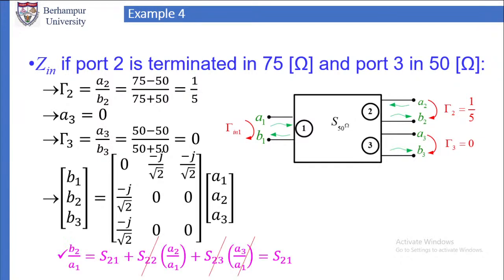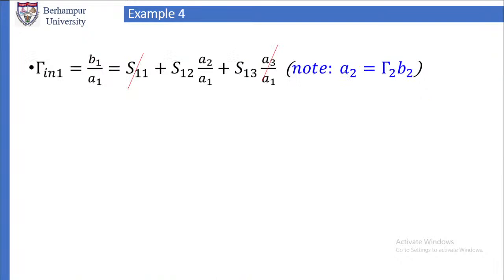Now find out B2 by A1, which is equal to S21 plus S22 into A2 by A1 plus S23 into A3 by A1. A3 is equal to 0. S23 is equal to 0 from the S matrix. S22 is equal to 0 from the S matrix. So that is again S21.